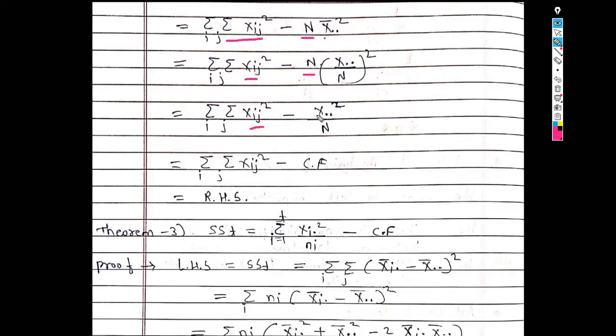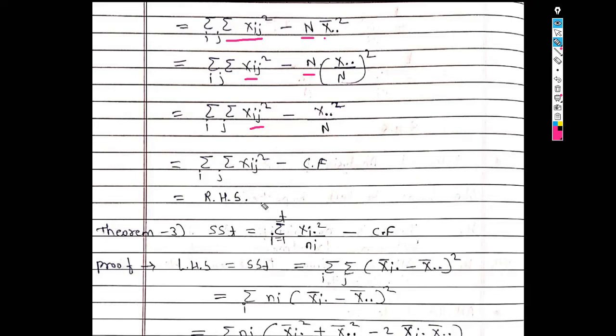The remaining terms are x dot dot squared upon N, and this term is nothing but our correction factor. So we get summation x_ij squared minus correction factor. In this way we get the RHS of our theorem.